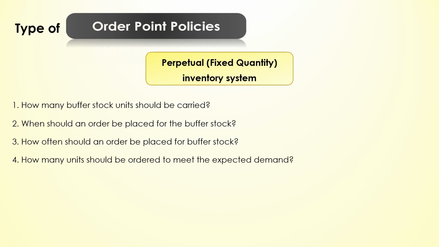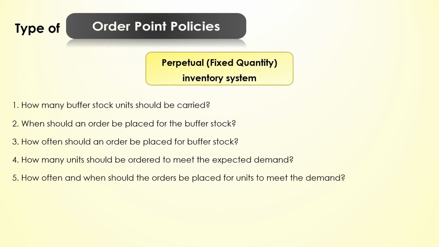Again, use the same economic order quantity. Number five, how often and when should the orders be placed for units to meet the demand? An order is placed whenever the reorder point, or the QRP, is reached.